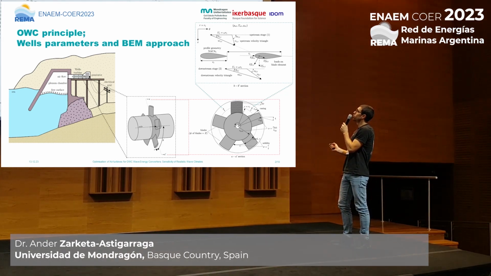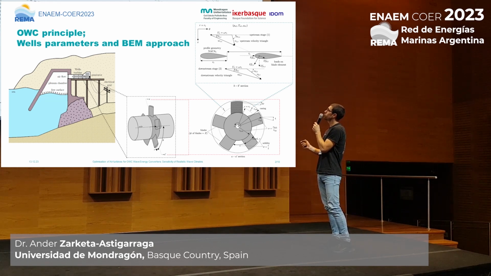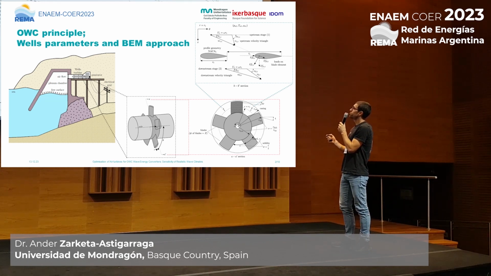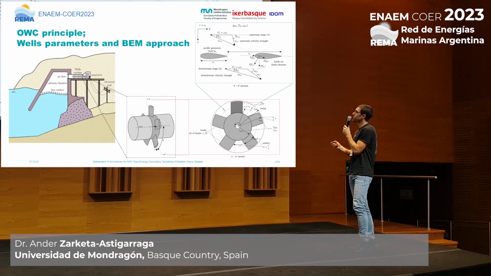So we introduce some inflow parameters, we solve for the inlet velocity triangle, we go through the aerodynamics of the airfoils here, which are considered as NACA standard profiles, and then we solve the outlet velocity triangle.